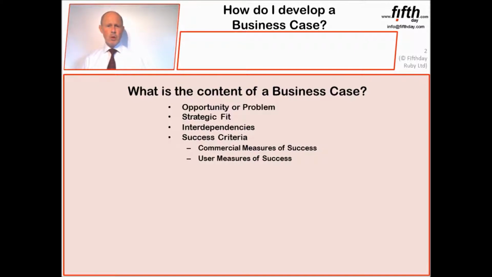So for instance, what they may wish for in addition to that functionality is that every user has been trained and trained to a particular standard. Suddenly that becomes a measure which from their perspective is very important and very relevant. It's not commercial, but it matters to them.